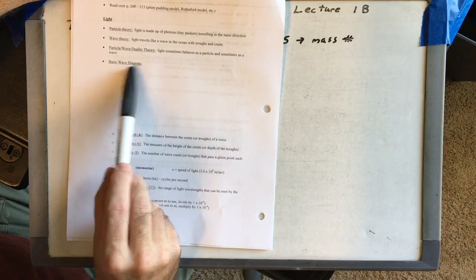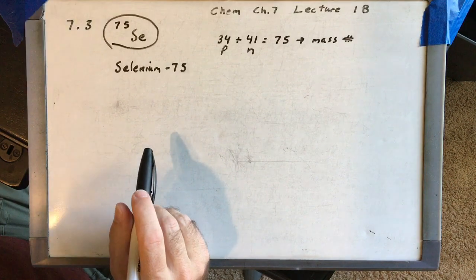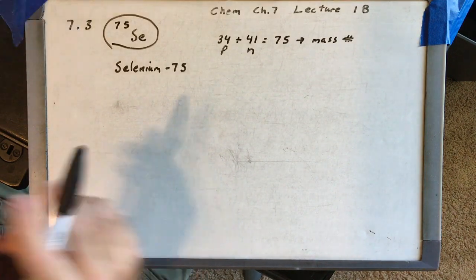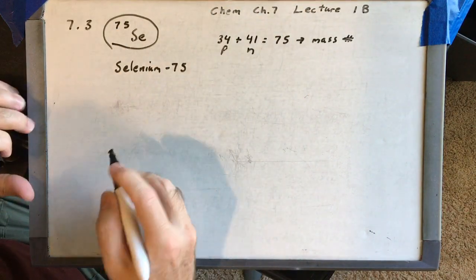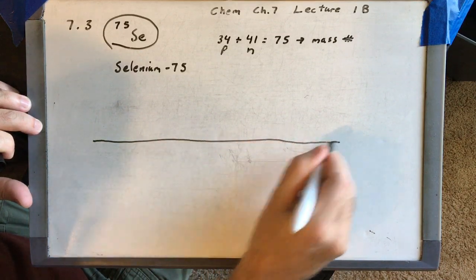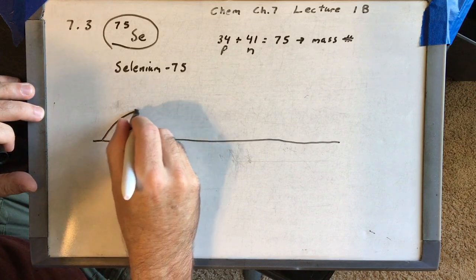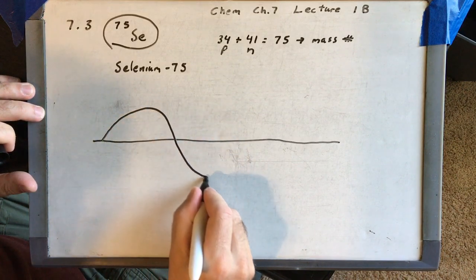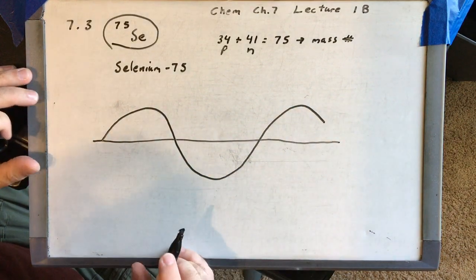All right, so you're going to draw in this section a basic wave diagram. What I want you to do is draw something like this. In the center, just draw a straight line, center of that open spot. That's the middle of the wave. And then just draw a wave, kind of like that.